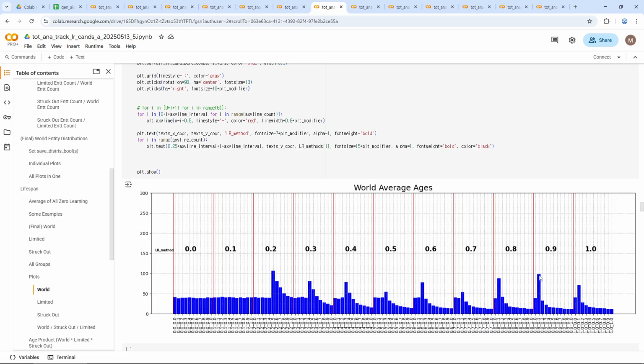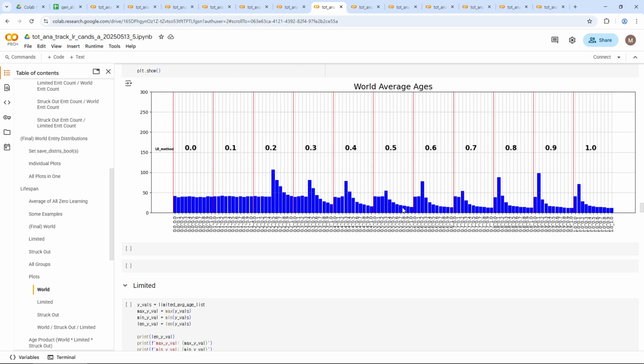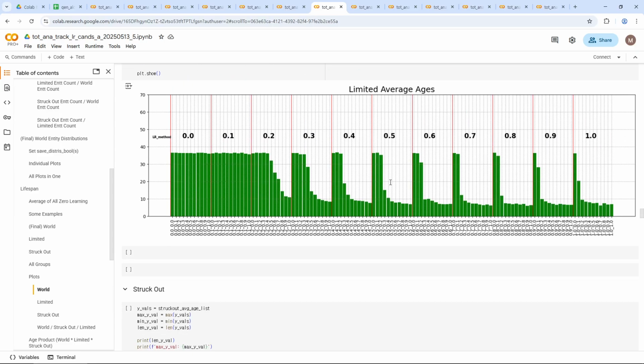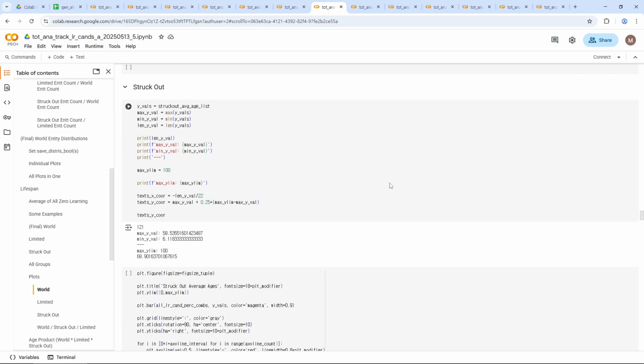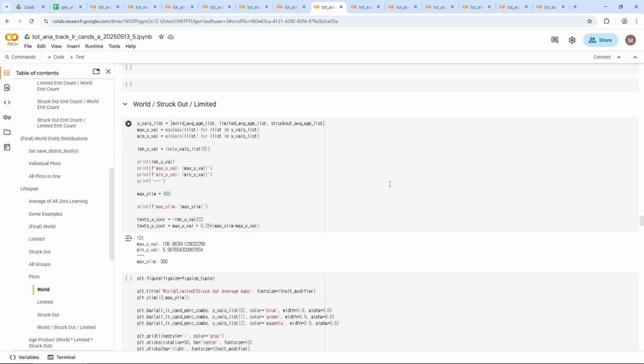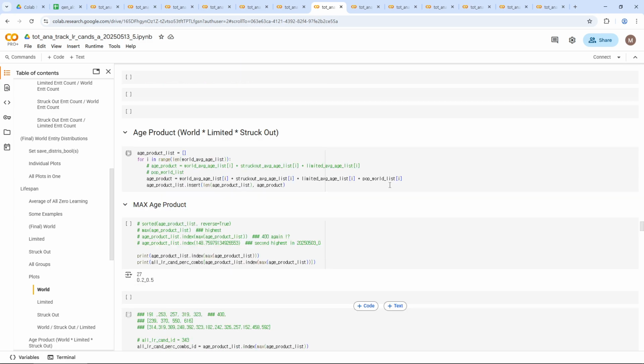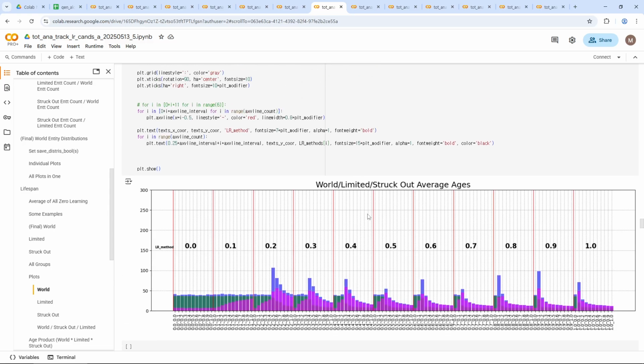And very similar here as well, but slightly lower. Yep, nothing unusual here.